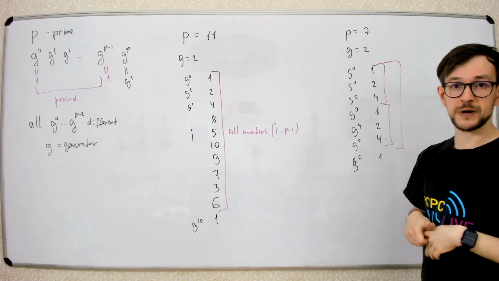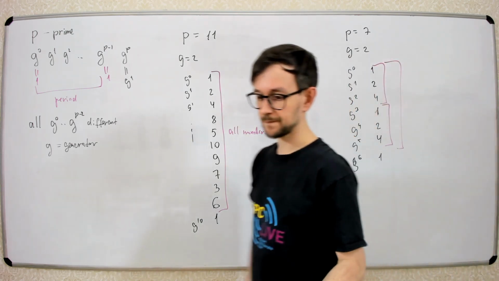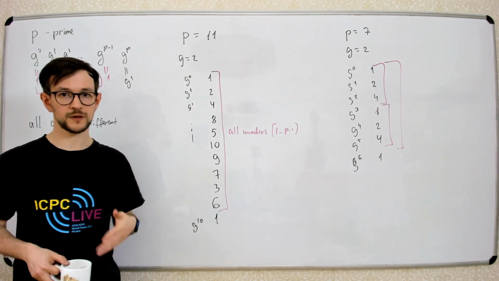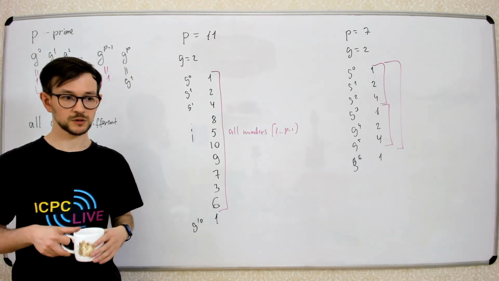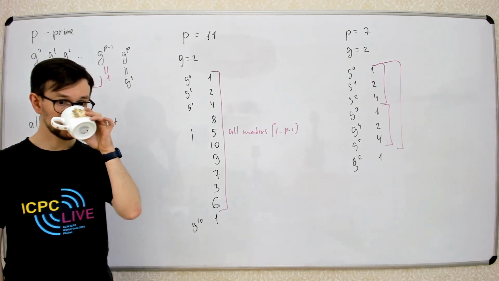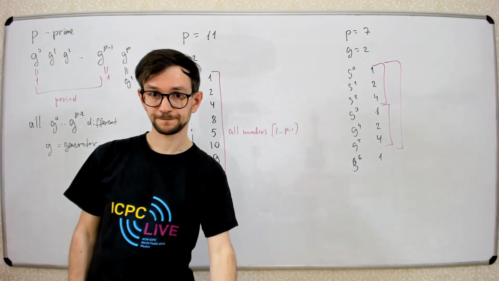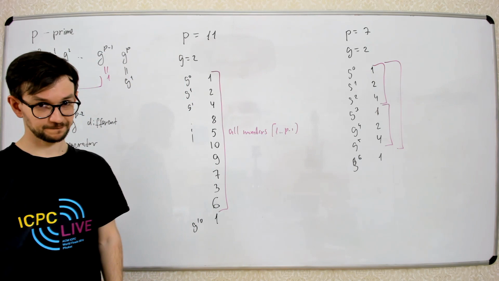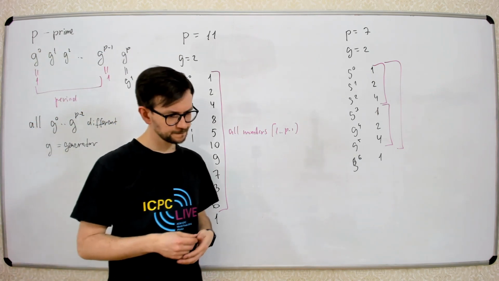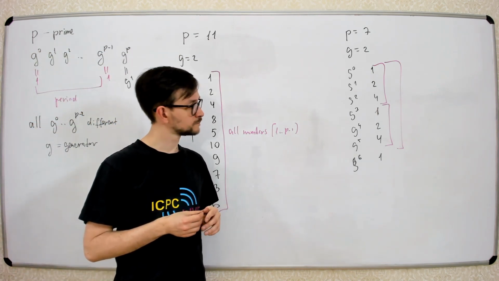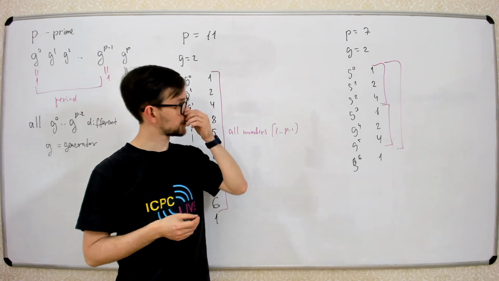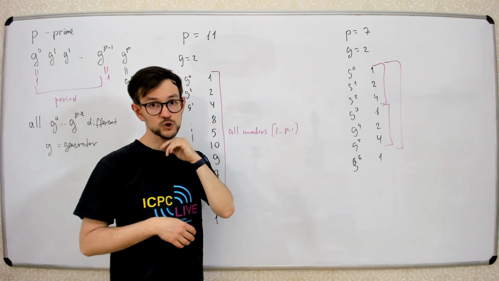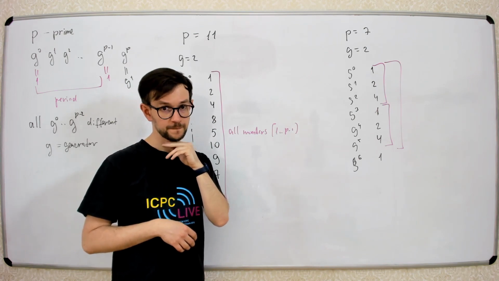What can be the length of the period? What do you think? If the length of the period is not p minus 1, then what can it be? Here it is quite clear: it should be some factor of p minus 1.